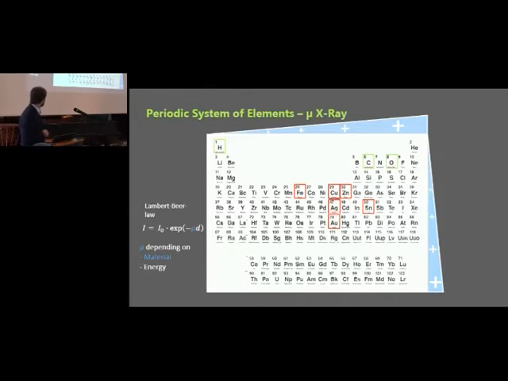So if we look at here, this is the intensity behind the object, and I0 is the intensity in front of the object, and then there comes this exponential function where mu plays an important role, and mu is the attenuation coefficient. And the attenuation coefficient is depending on the material and the energy. D in the formula is the thickness of the material.